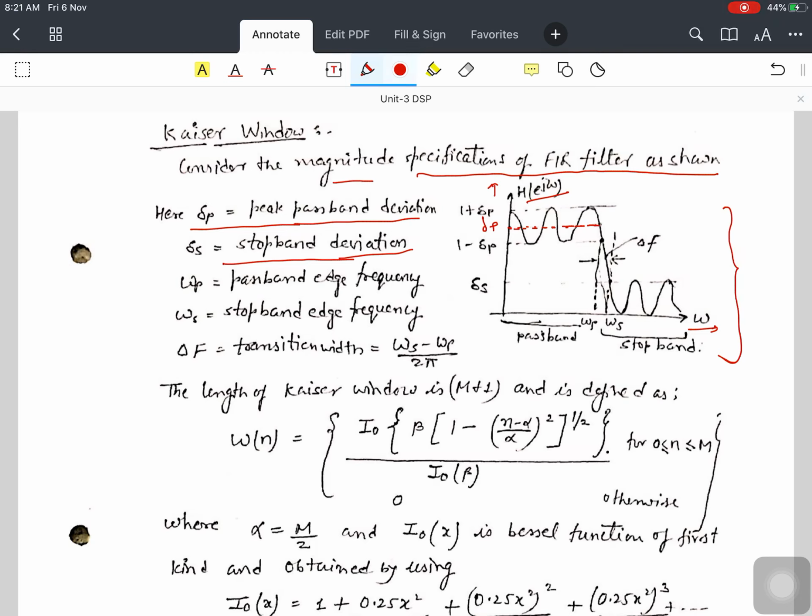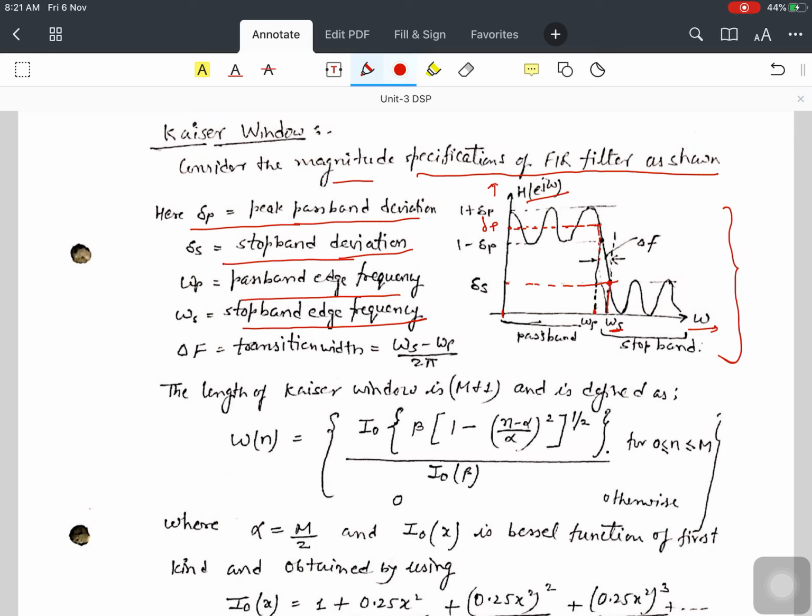This value will give you omega P, where omega P is the passband edge frequency, and here is your del S. This point will give you omega S, and omega S is the stopband edge frequency.